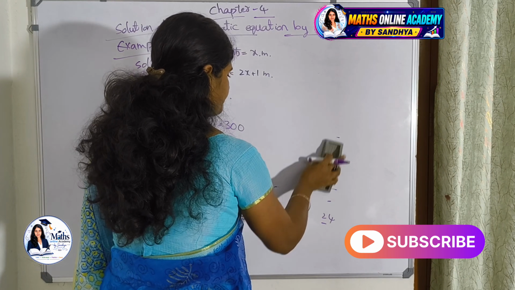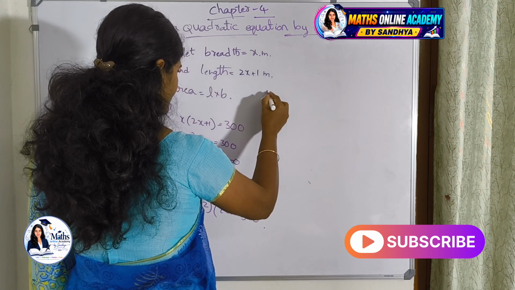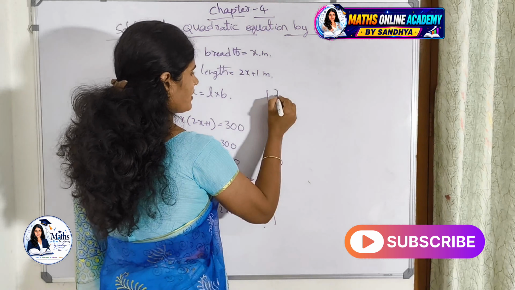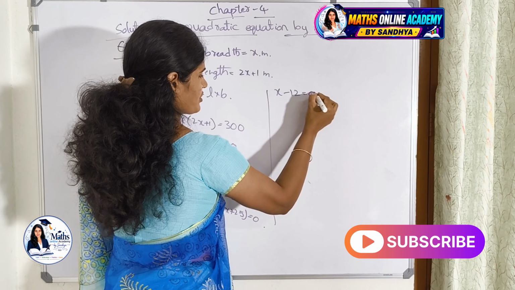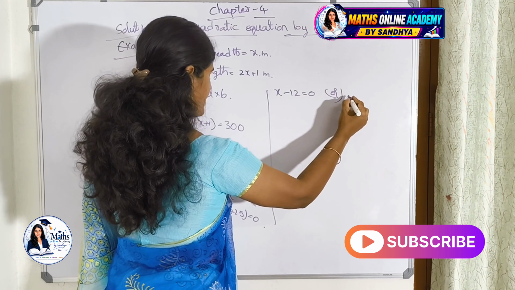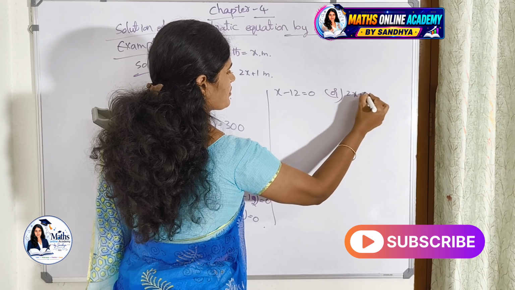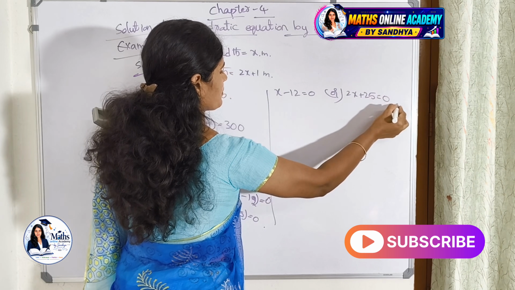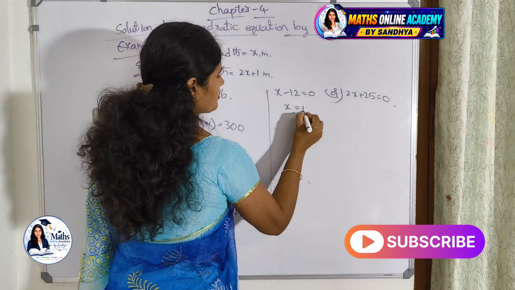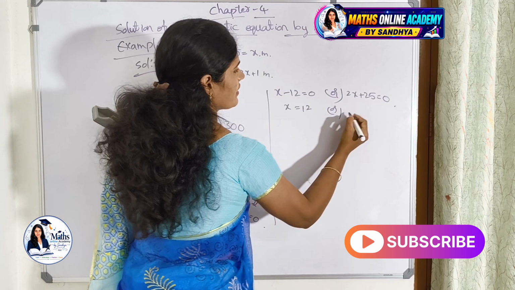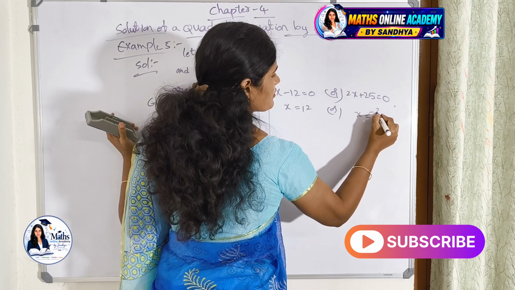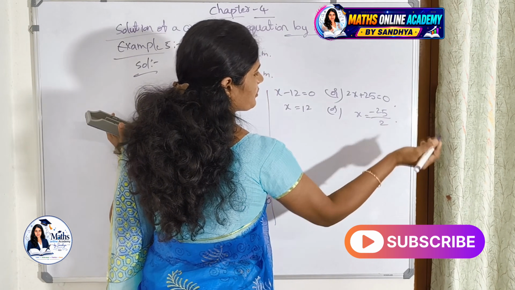See here, x minus 12 equal to 0 or 2x plus 25 equal to 0. So x equal to 12 or x equal to minus 25 by 2.